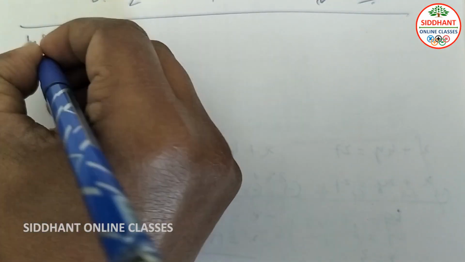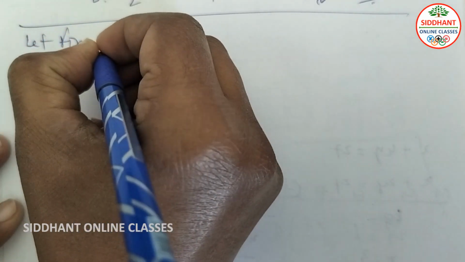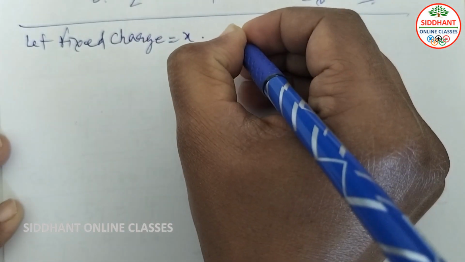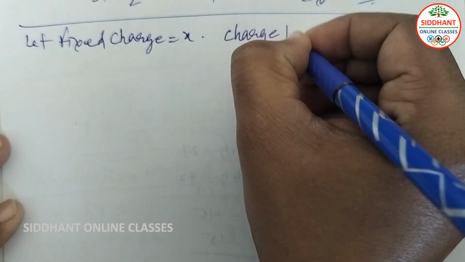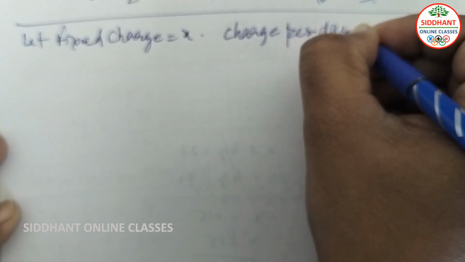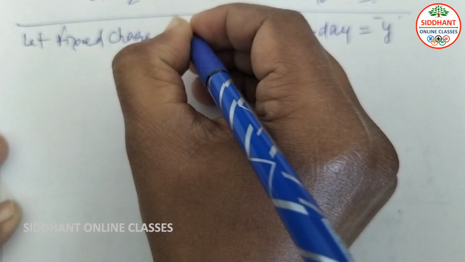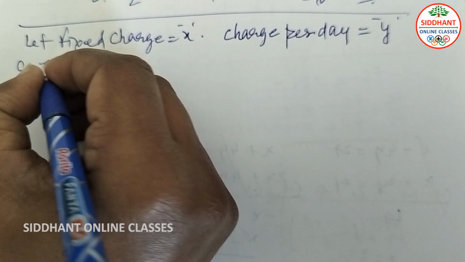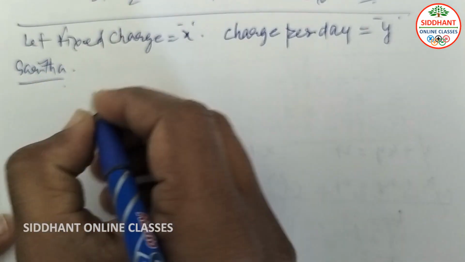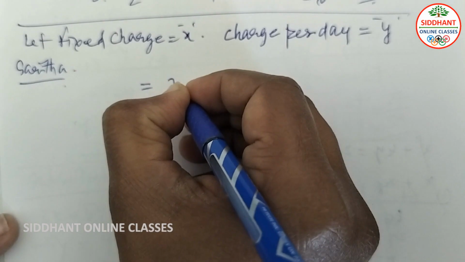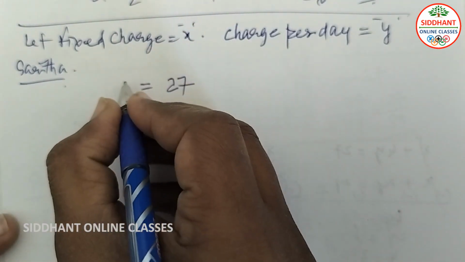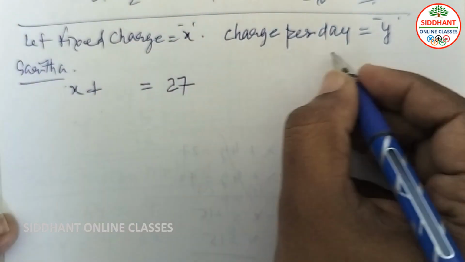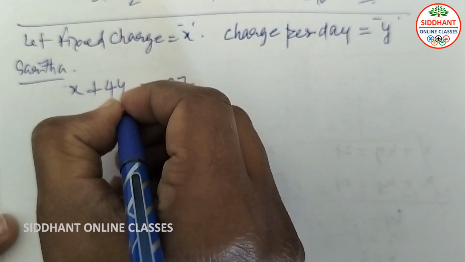So now let the fixed charge equal x, and the charge per day equal y here. So now Sarita, we know the total paid amount is 27 for 7 days. 7 days means the first 3 days is x, and the rest 4 days is charge per day, which is 4y here.